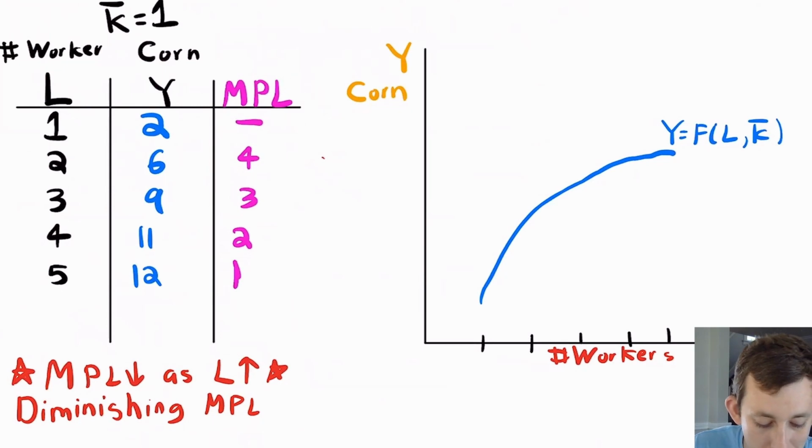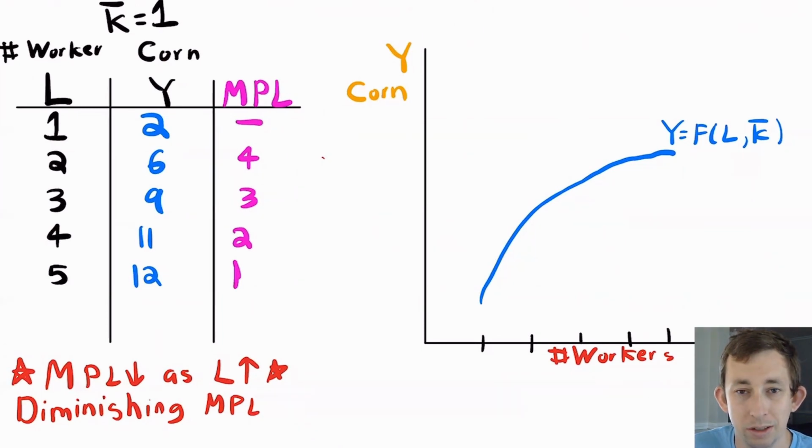So notice that when Bill is just working by himself, he can make 2 tons of corn. When he hires someone else, now they can make 6 tons, 9 tons, 11 tons, and 12 tons. So the difference, that rate of change is going down. That's what we call diminishing marginal product. So as you can see, as we add more and more people, we can make less and less extra corn, even though the total amount of corn is going up.